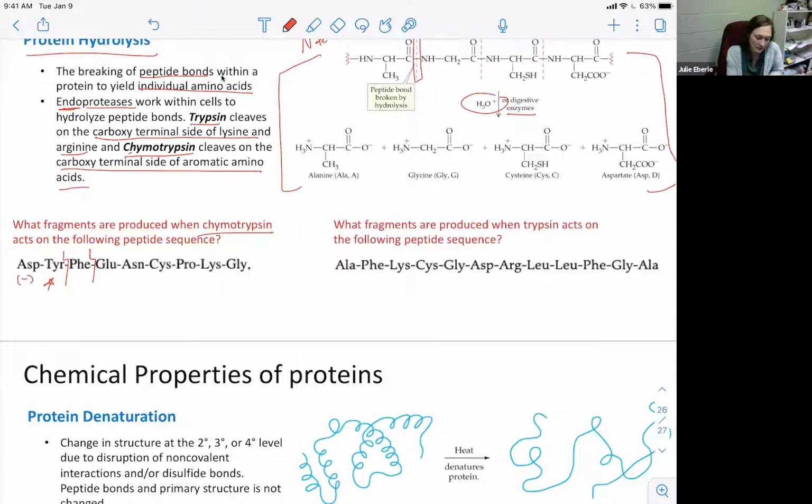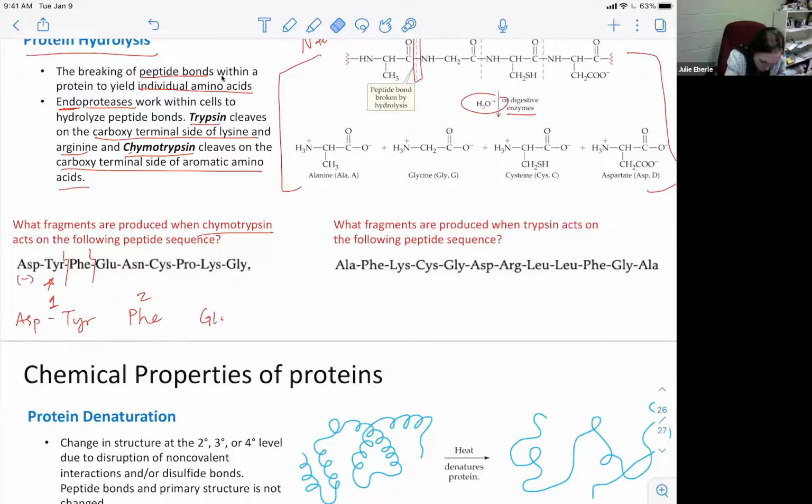So now write the fragments. I would get ASP-TYR, that's fragment number 1. Then I would get PHE by itself, fragment number 2. And then I would get the rest of the sequence: GLU, glutamic acid. I wrote GLN; sometimes my N's and my U's can look alike.